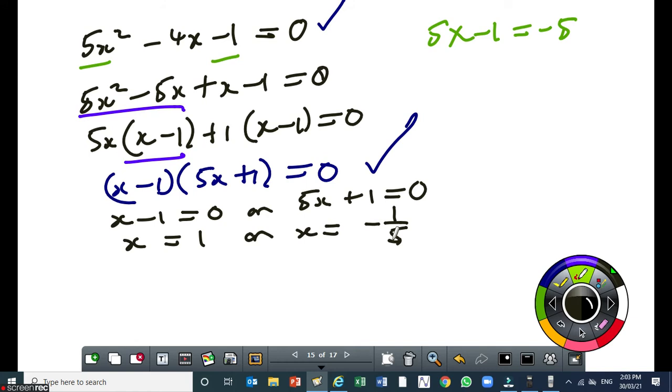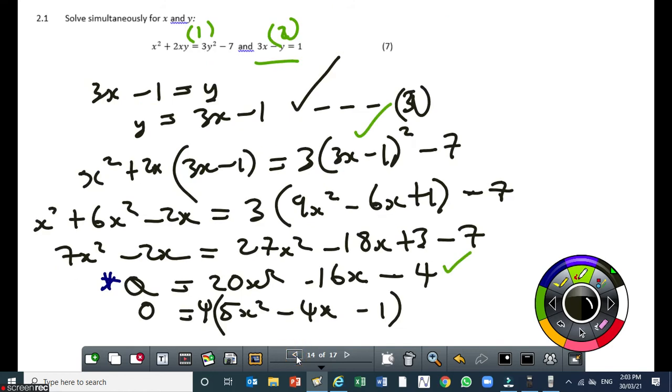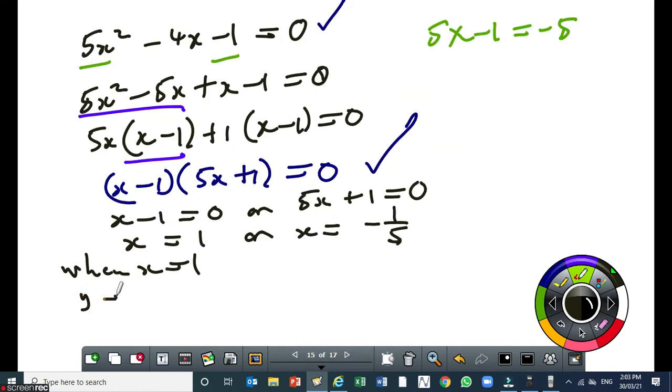Okay, so when x is equal to 1, go back to y equal to 3x minus 1. So that would be y equal to 3 times 1 minus 1. You get 2. Right?